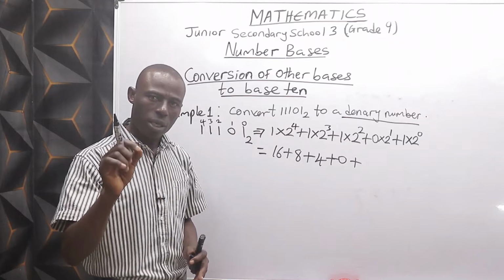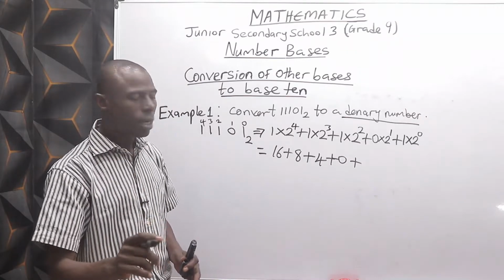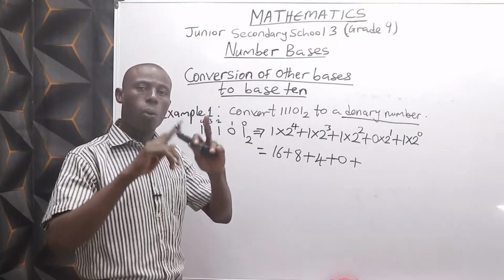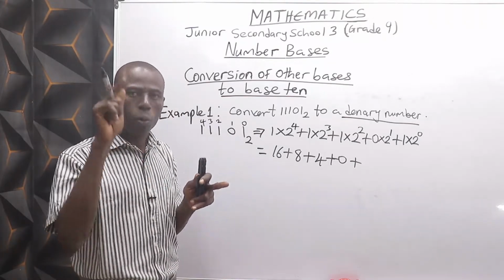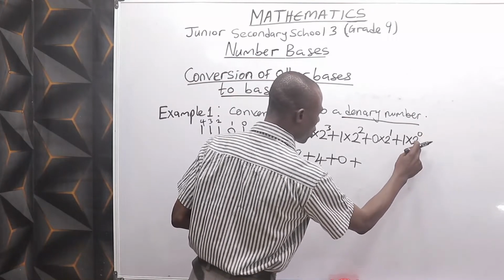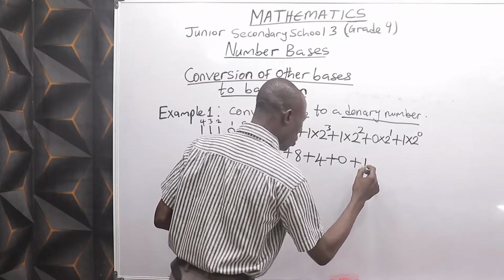Anything raised to power 0 is 1. 35 raised to power 0 is 1. 1 billion raised to power 0 is 1. So 2 raised to power 0 is 1. 1 times 1 is 1.